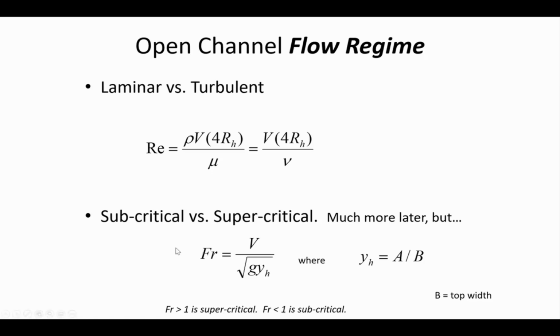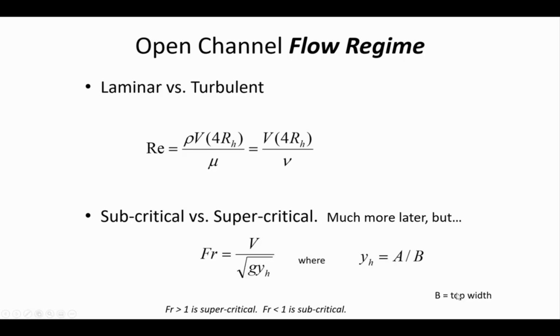What you need to know for now is that if you have a Froude number of more than 1, it's supercritical. And you can calculate the Froude number by knowing the flow velocity and then dividing it by the square root of g times the hydraulic depth. And the hydraulic depth is the area divided by the top width of the channel.